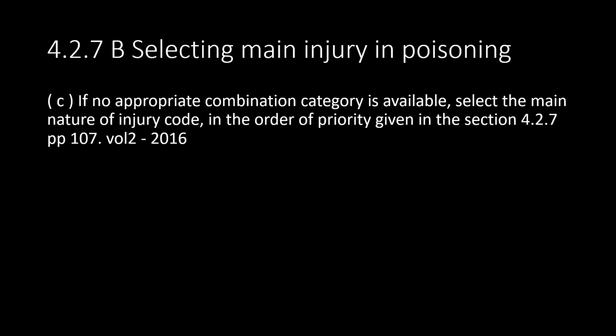If no appropriate combination category is available, select the main nature of injury code in the order of priority given in section 4.2.7, page number 107, Volume 2 of ICD-10, 2016.